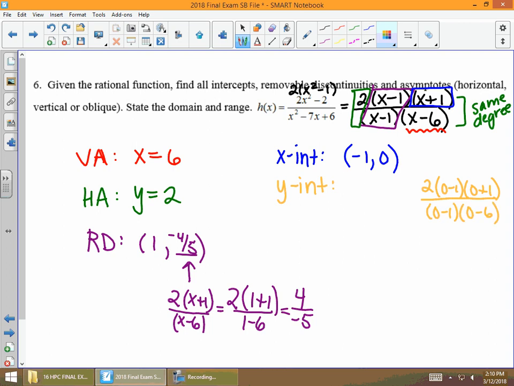So on top, that gives me 2 times negative 1 times 1. In the denominator, that gives me negative 1 times negative 6. So that makes my y-intercept negative 2 over 6, which is negative 1/3.